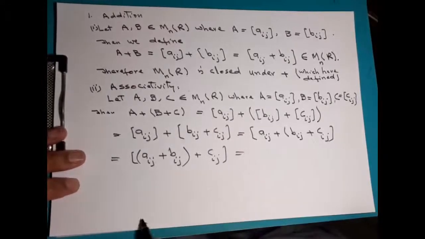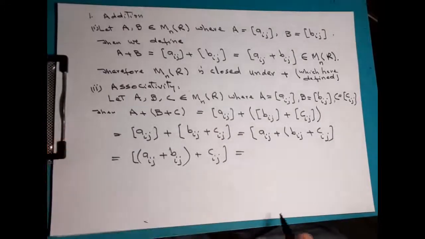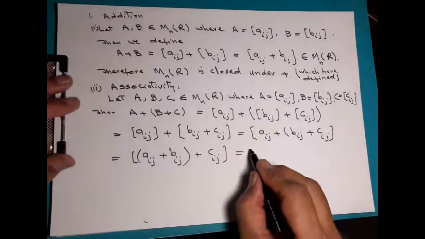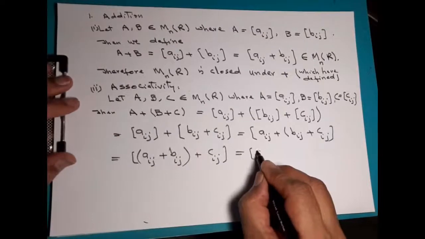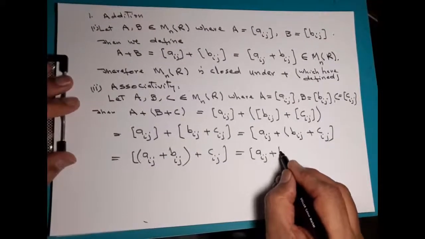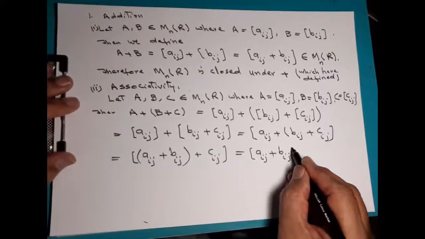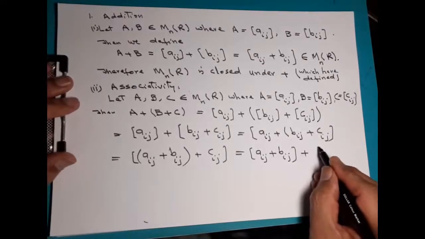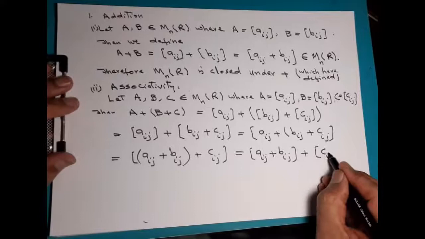And this is equal to, now using the definition of addition of matrices as we have defined above, this matrix (a_ij plus b_ij), and then plus this matrix (c_ij).